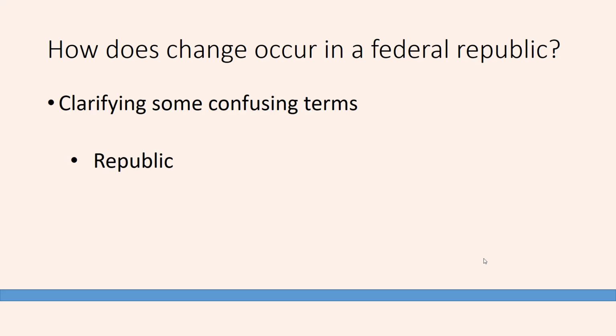A republic is a system of government that includes elected officials. In other words, citizens are allowed to put people into office. And that's important because it also means that people have the ability to put other people in office, right?